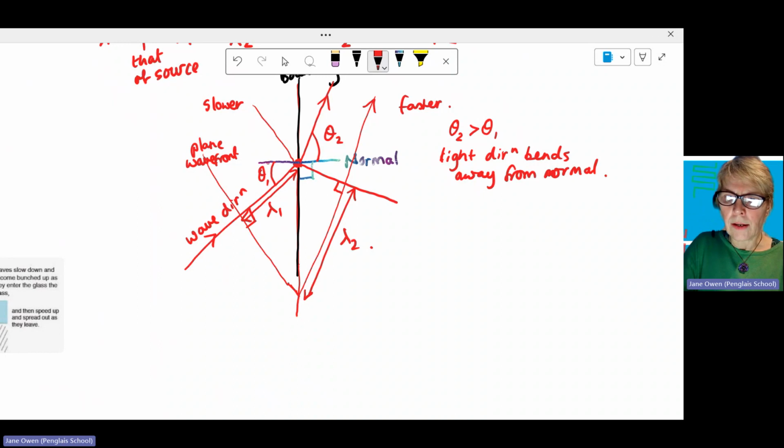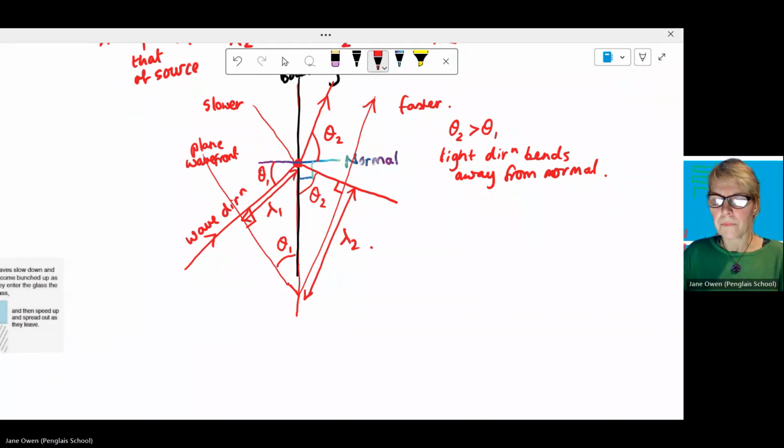Using 90 degrees here, this is theta 1, so this will be 90 minus theta 1. This is 90 degrees, and I've got a right angle triangle, which means this angle here is also theta 1. And this is theta 2, so this will be 90 minus theta 2, so this angle here would be theta 2.